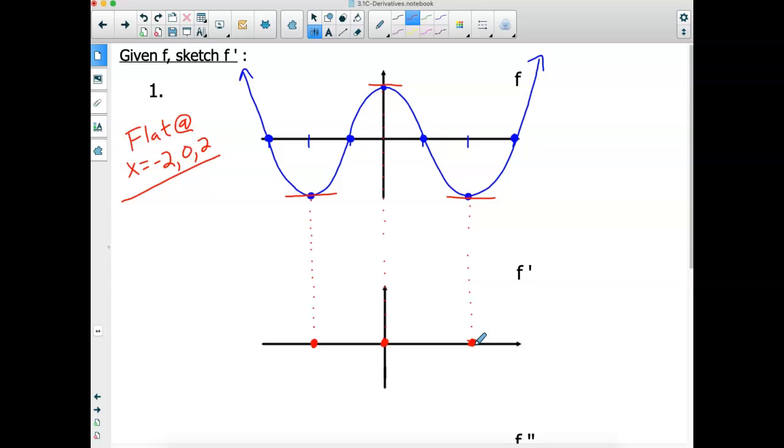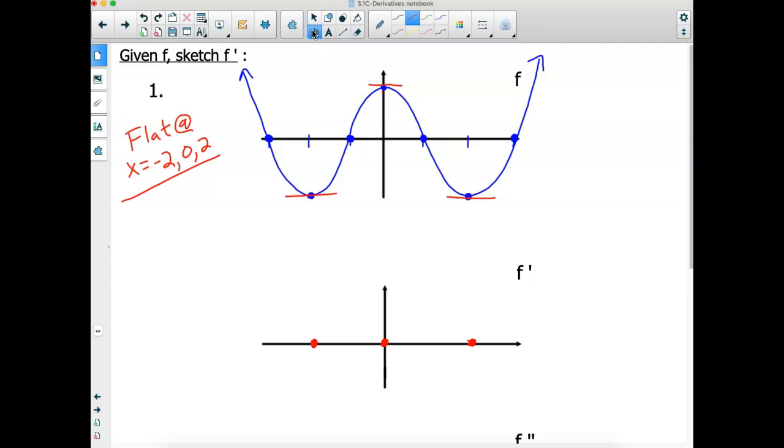Now, after I find all my flattenings and I track those flattenings to my new graph, I'm going to get rid of my dotted lines. What I'm going to do is come back and look for increasing and decreasing.